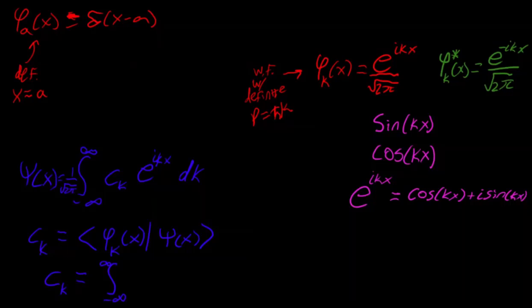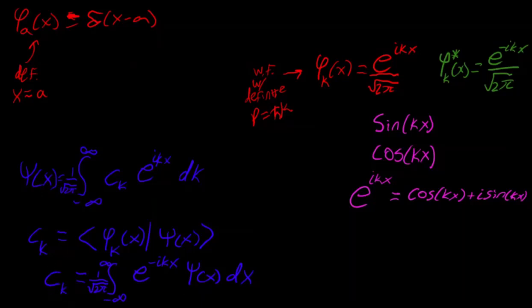So now we have e to the minus ikx. We've got our 1 over root 2 pi, which we could just put here, but it's more standard to write it out here, times psi of x dx, right? And again, here we're integrating over k, so k won't appear in our answer here. Here we're integrating over x, so x won't appear in our answer, which makes sense.